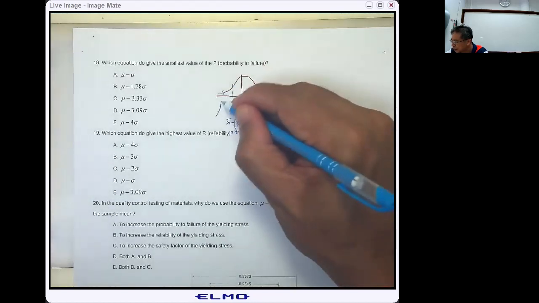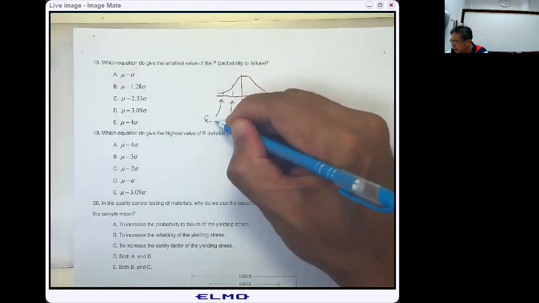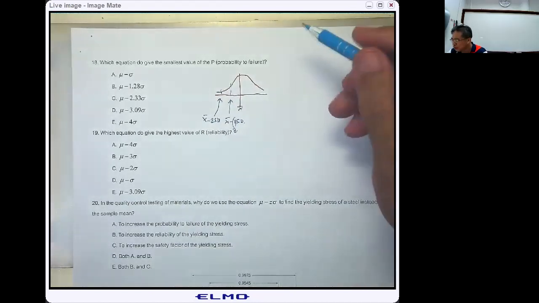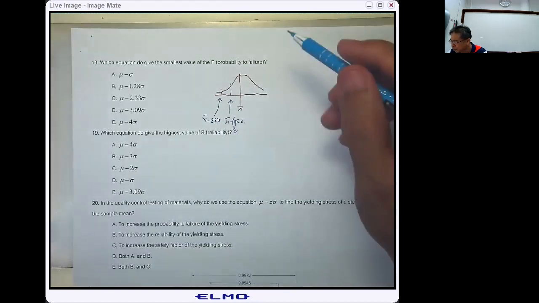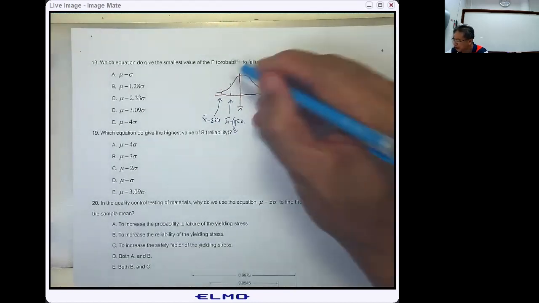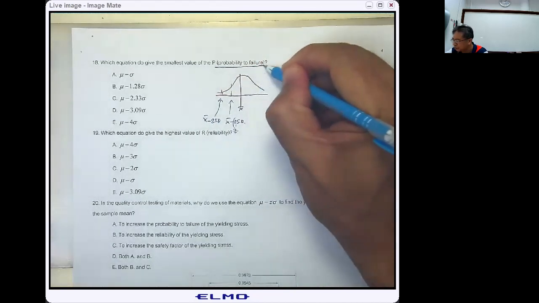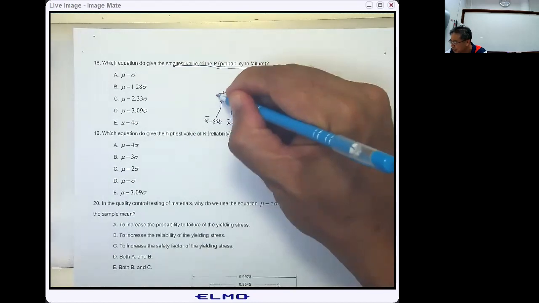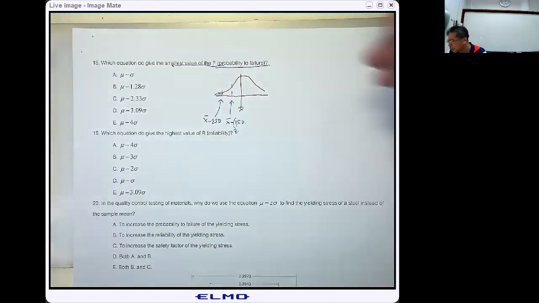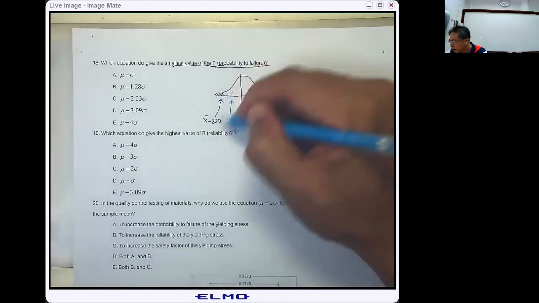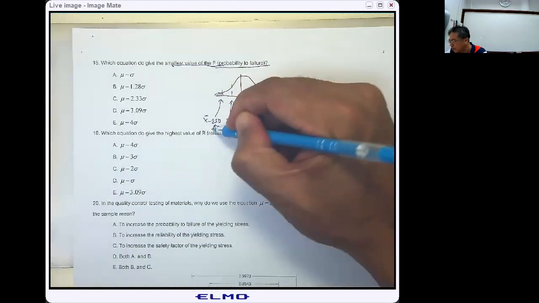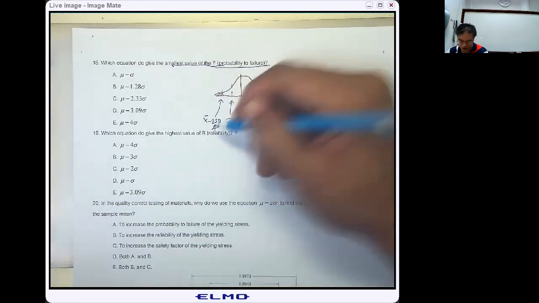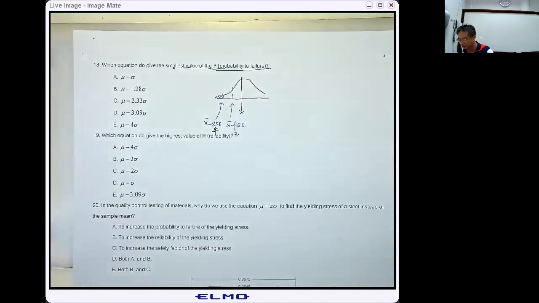This is the x bar minus 2 SD. If we would like to have the smallest probability of failure, that means we're going to reduce this part. To reduce this part, the C coefficient is supposed to get larger.